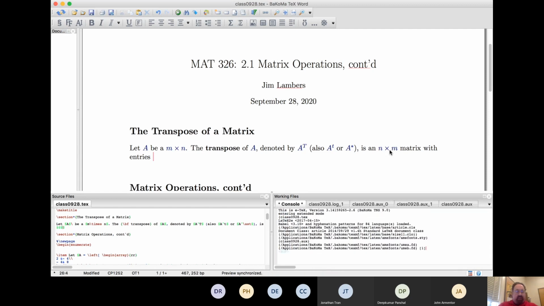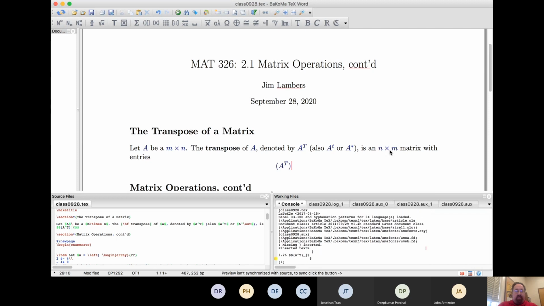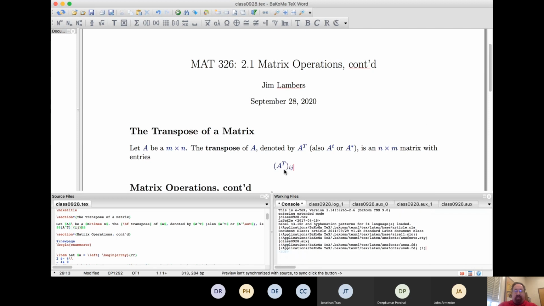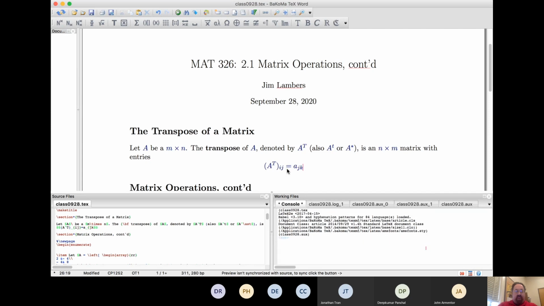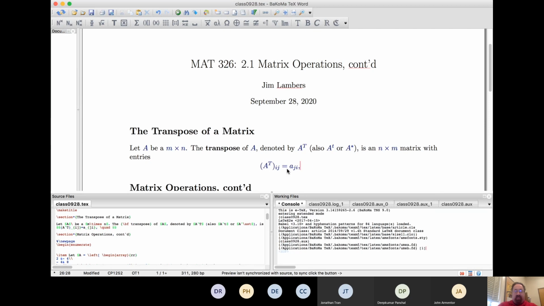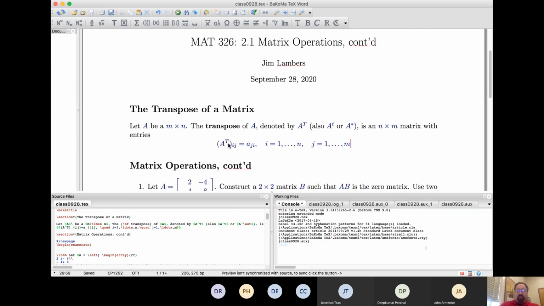So how it is defined, first I'll give a formula. The ij entry of the transpose is just the ji entry of A. Informally, you get the transpose by reversing the roles of rows and columns.